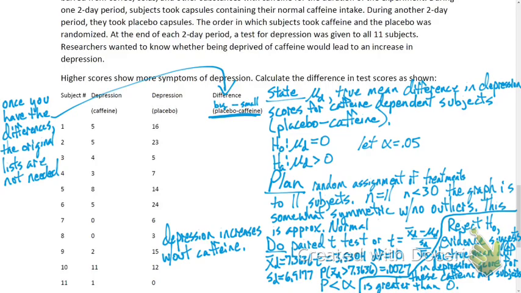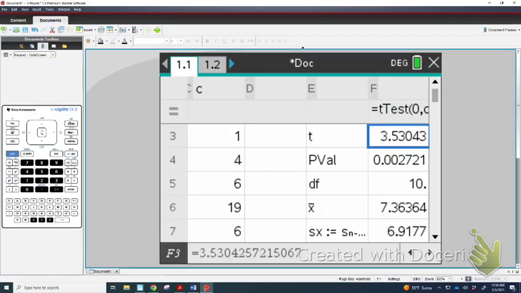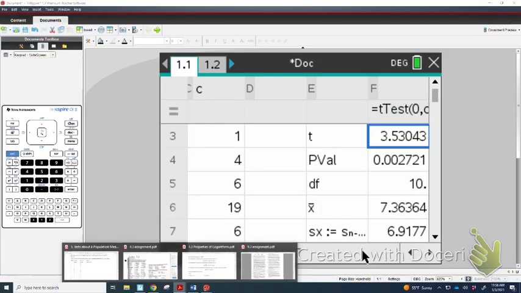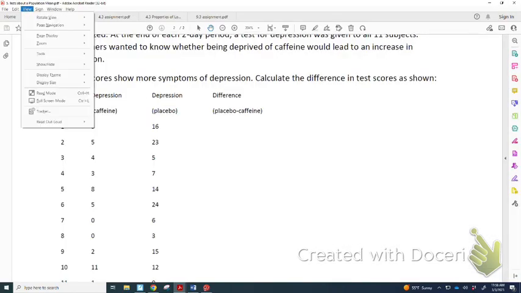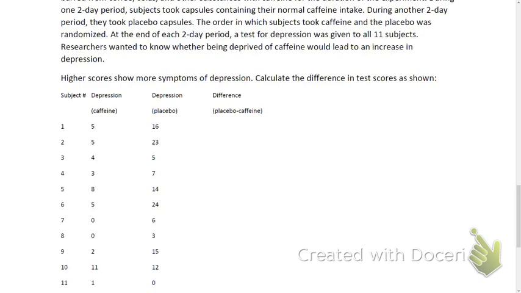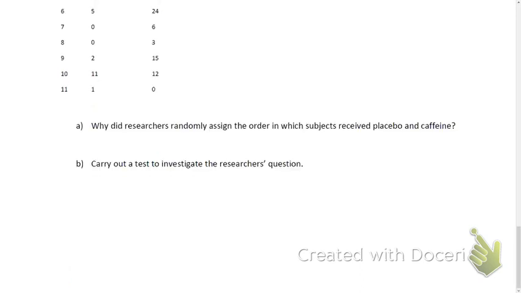The last little thing on this was part A that I skipped. So let's go back to part A. And they ask you about the reason for random assignment. So let's make a note on the side of this about what random implies.